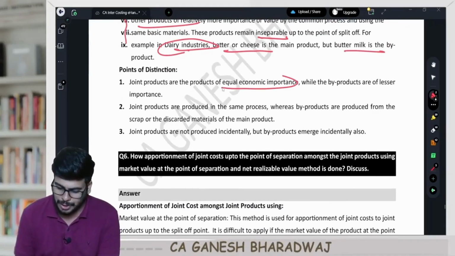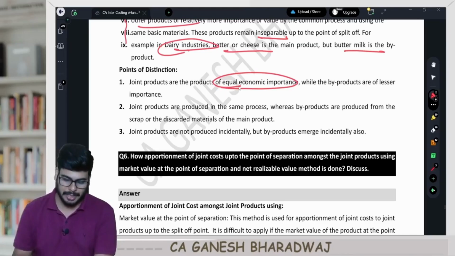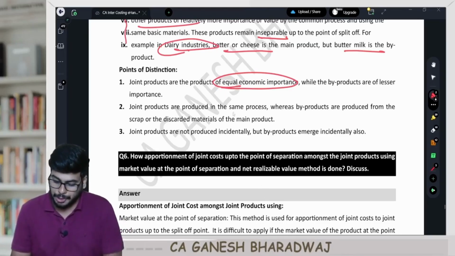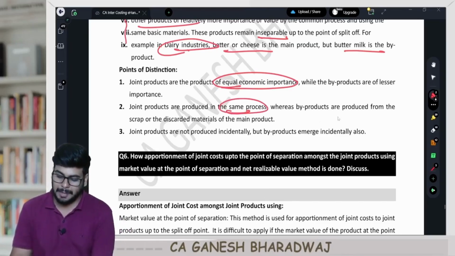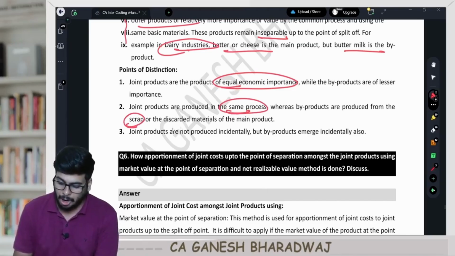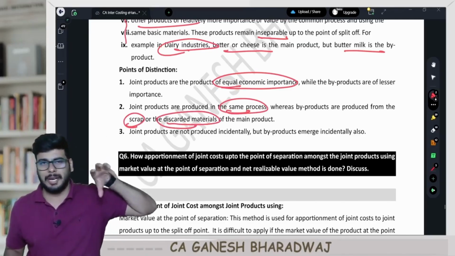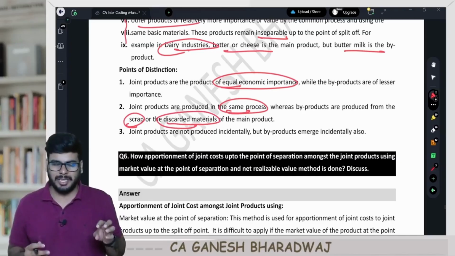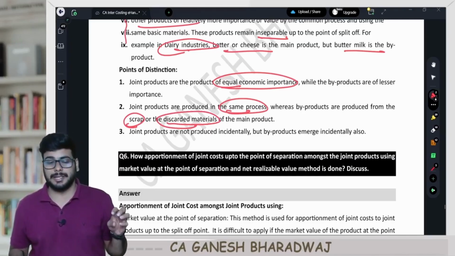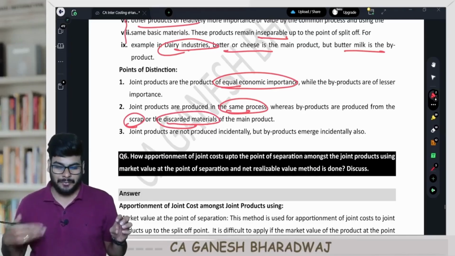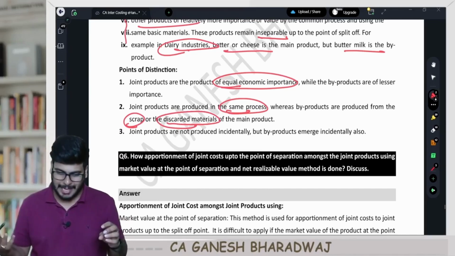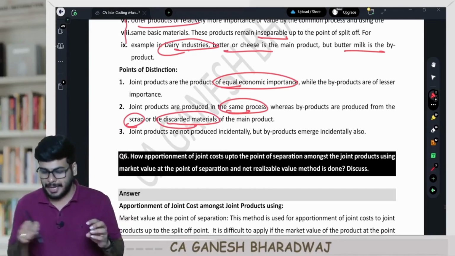Joint products have almost equal economic importance, but this is not the case with byproducts. Joint products are produced in the same process, whereas byproducts are produced from a scrap or discarded materials of the main product. Generally, for you to make your byproduct saleable in the market, you need to do some extra further processing.